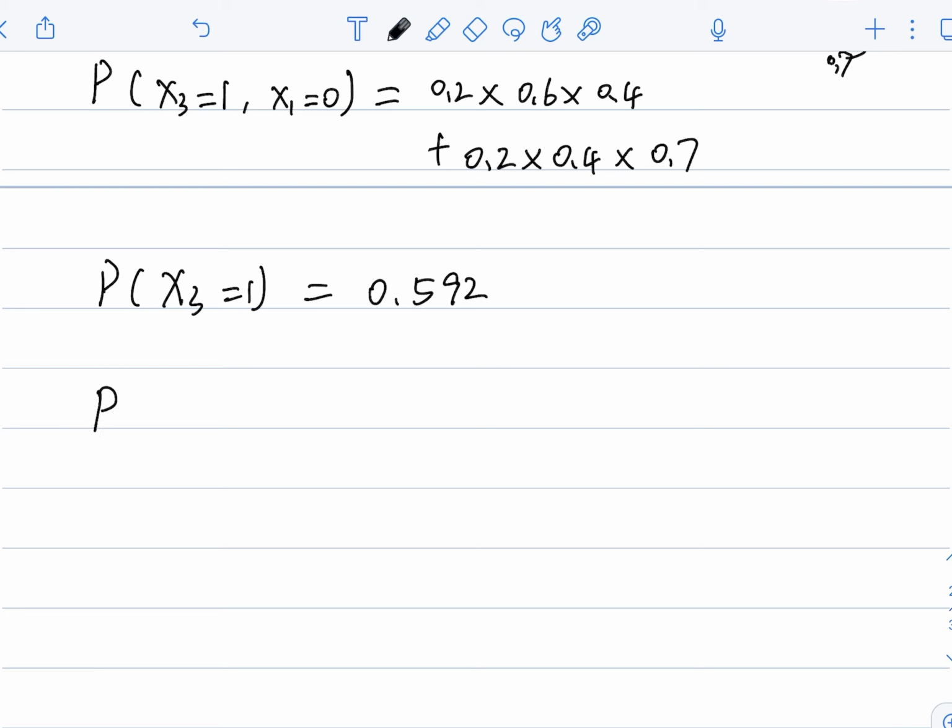Finally we can calculate the result. The result is 0.1757.